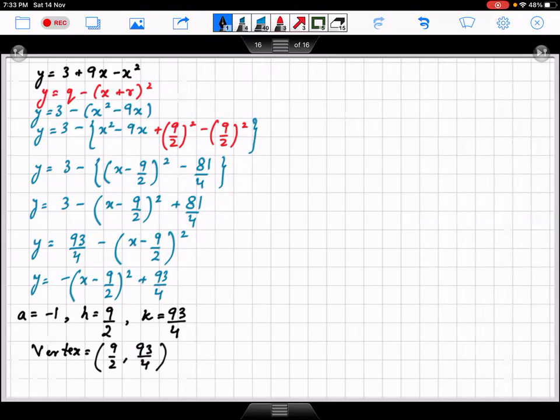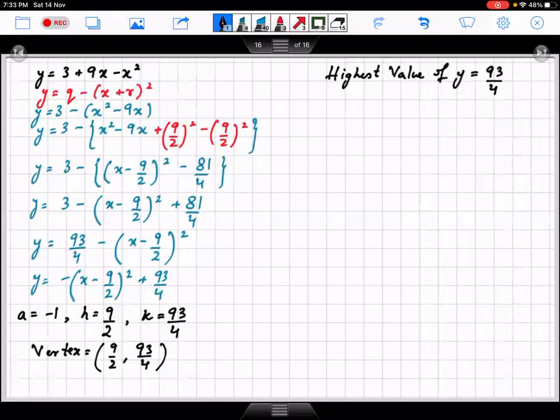If I ask you the highest value for y, so it should be 93 upon 4.